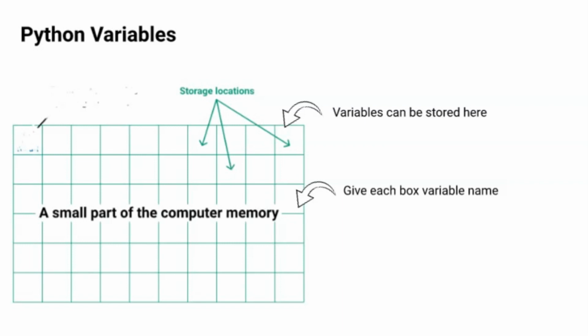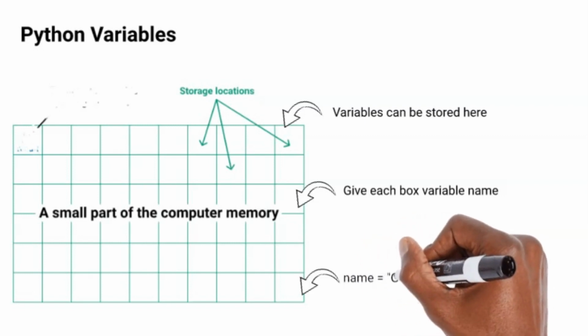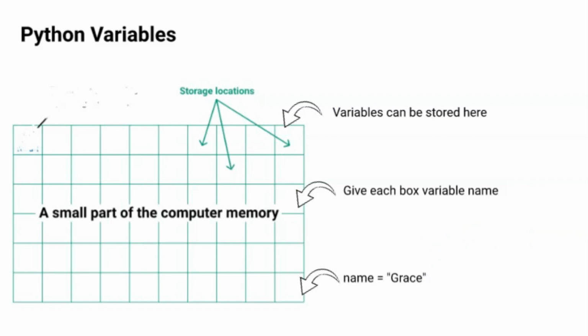We create a box, then we give it a name, and that name is what we use to store the data, and the name is the variable name. So you just create a variable called name, then you put your name in it. So let's say name is equal to Grace, right? Doing that, you have created a Python variable and you have stored your data in it.